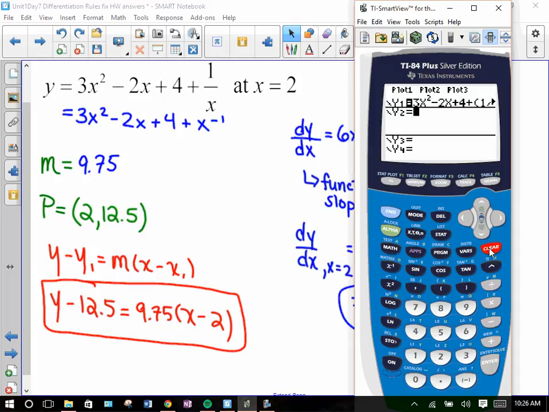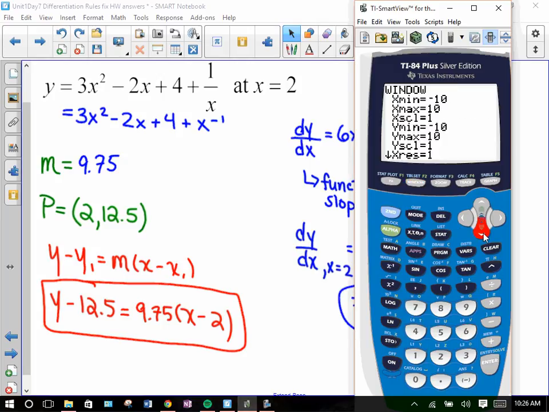Our equation for the tangent line is y equals 9.75 times x minus 2 plus 12.5. There's a window.